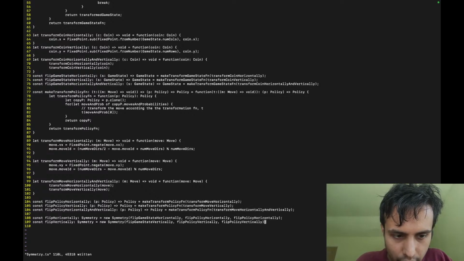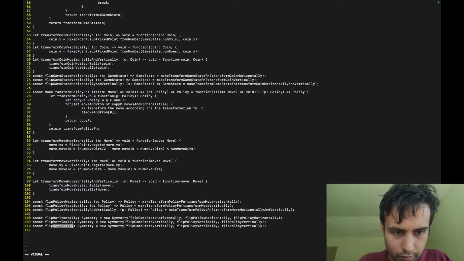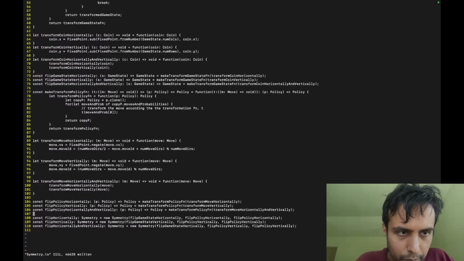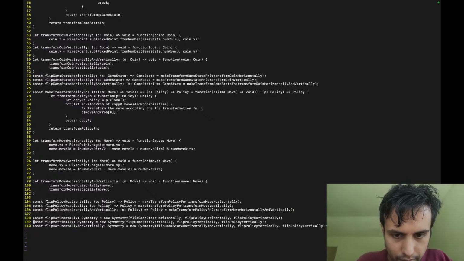And now we can create our final symmetry. Flip horizontally and vertically is flip game state horizontally and vertically. Just like that. And then policies, we have to do this one.